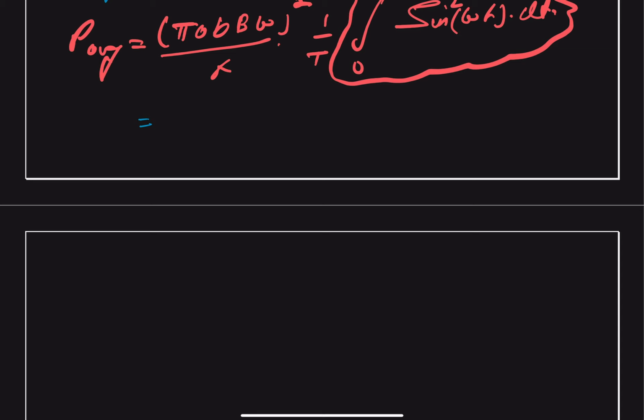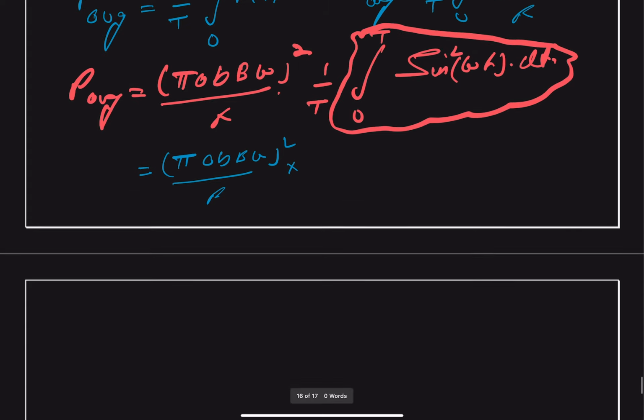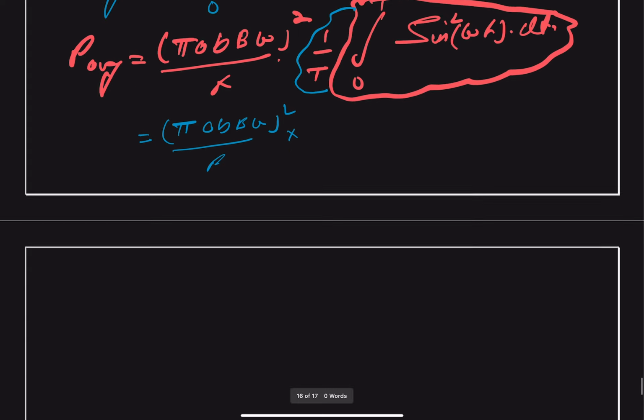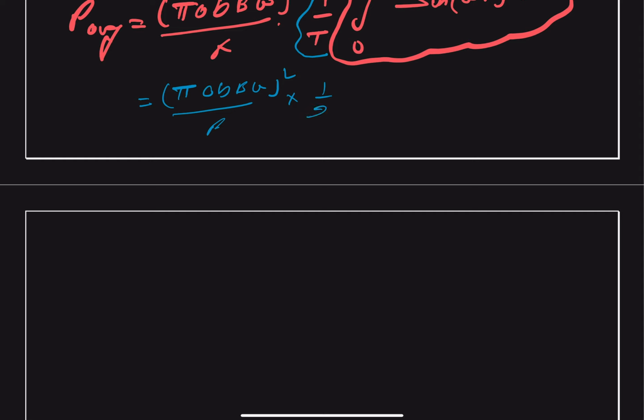This comes as pi AB B omega whole square over R multiplied by 1 upon T and its integration, which, inclusive of this 1 by T, will come as 1 by 2.